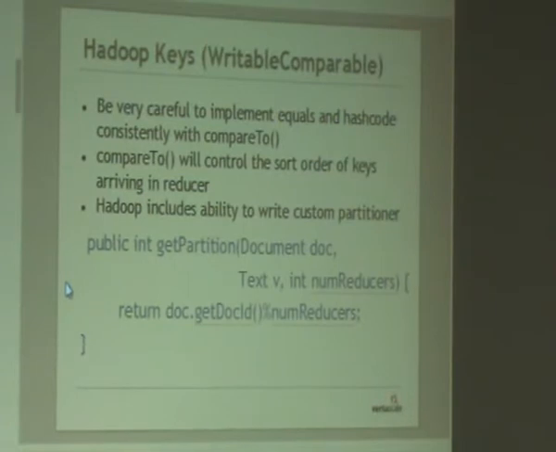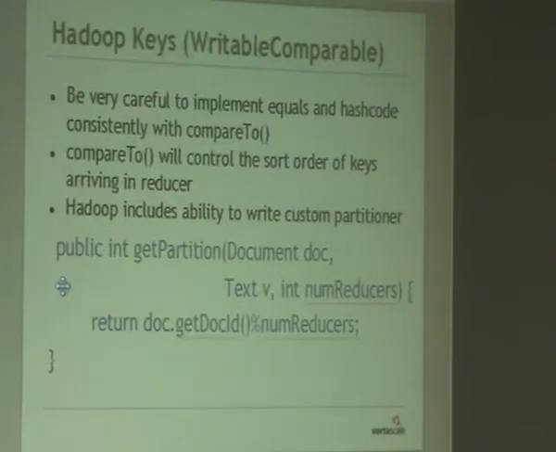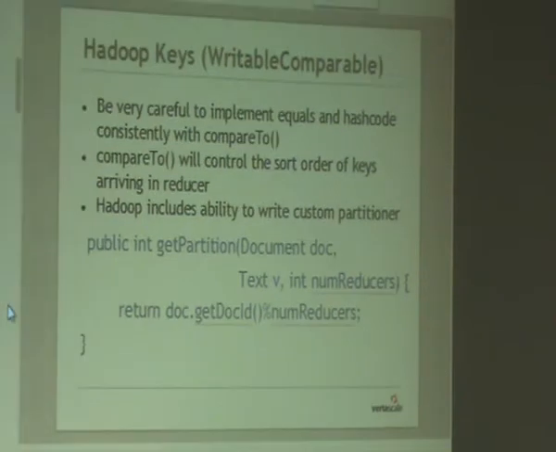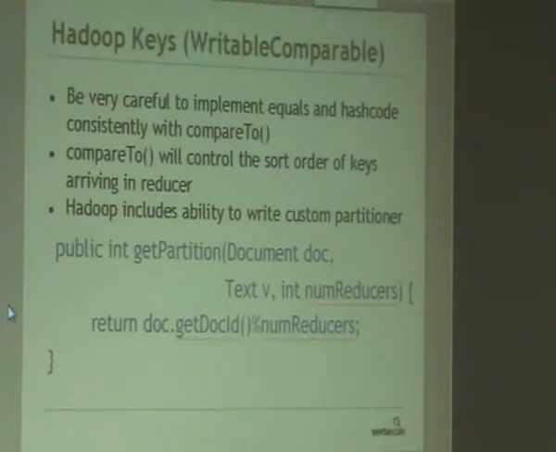You have to be really careful that the compareTo method, which is what controls the ordering of your keys, is consistent with equals and hashCode. And if it's not, all sorts of chaos will break out and unexpected behaviors are going to happen within the shuffling and sorting of your keys in MapReduce.